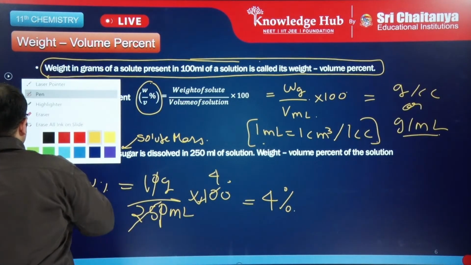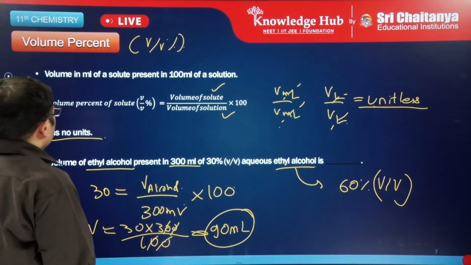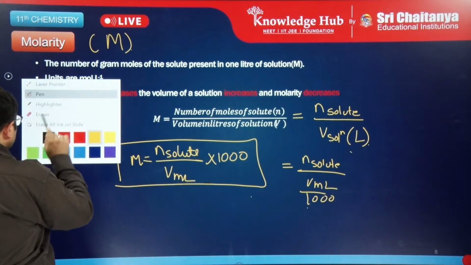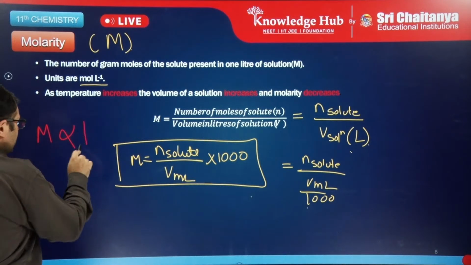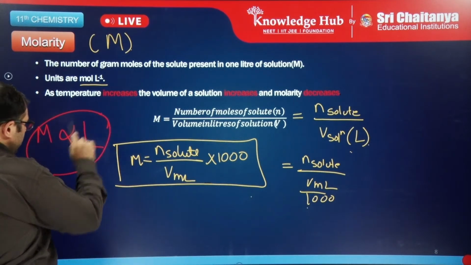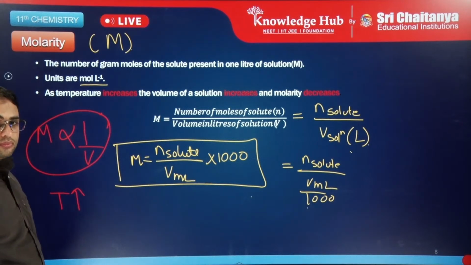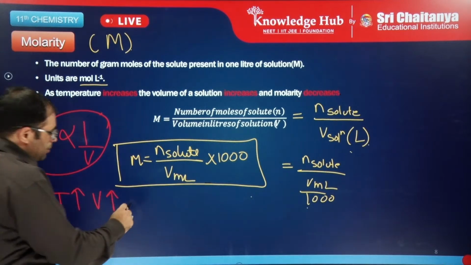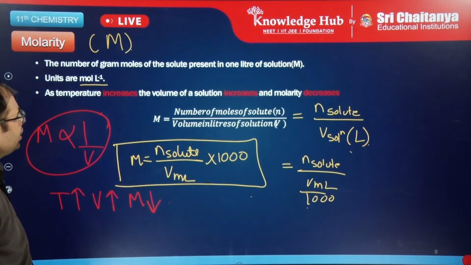See, you can see from here one thing, that molarity is inversely proportional to volume, right? So, if you increase temperature, volume will increase, but because it is inversely proportional, molarity will decrease, right?